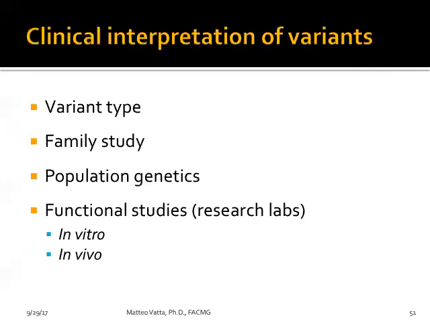And this has to be taken into consideration for interpretation. Unfortunately, functional studies are almost relegated to research laboratories, and they're beyond the scope of clinical labs at this particular moment.